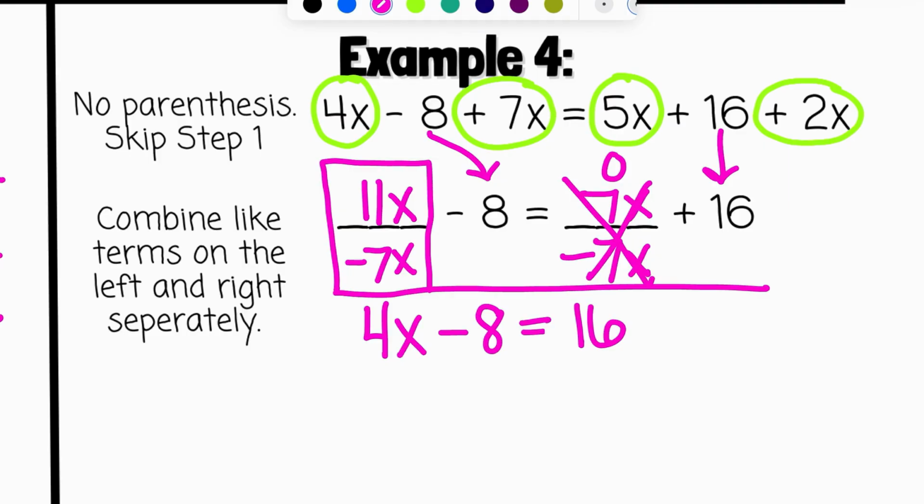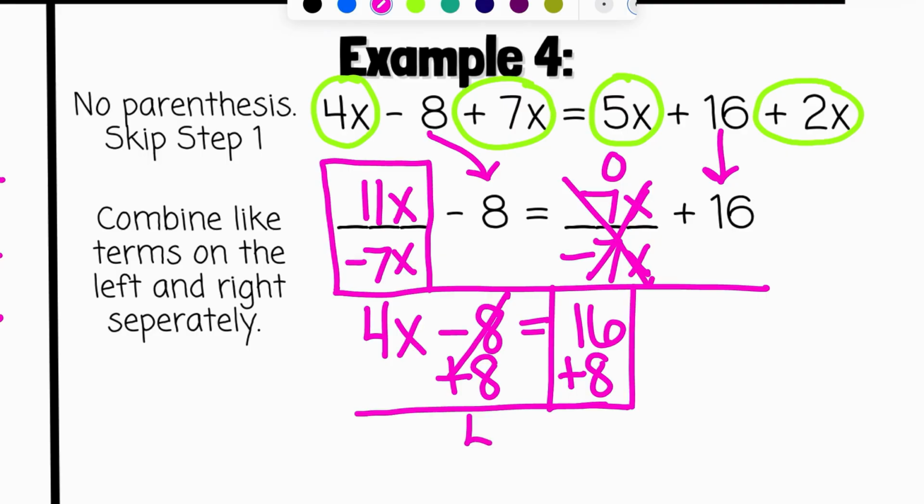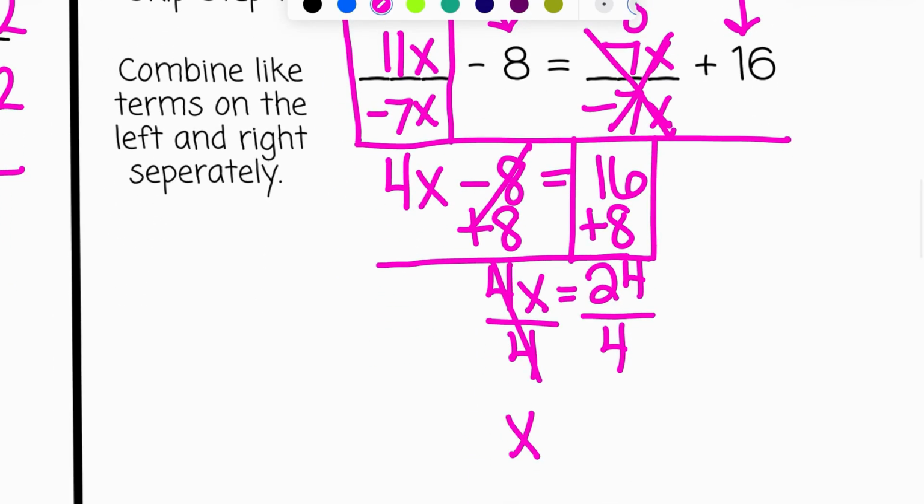Okay, the 16 is the one that's by itself, so I box my 16. And then I move my minus 8. The opposite of minus 8 is plus 8. Okay, so I have 4x equals 24. And then lastly, divide by 4. So x equals 6.